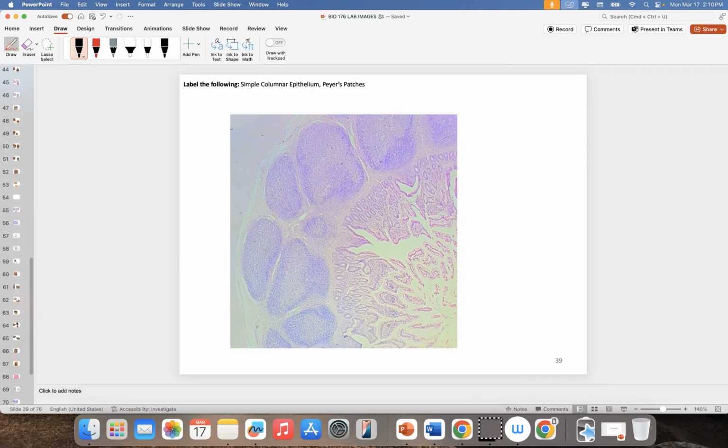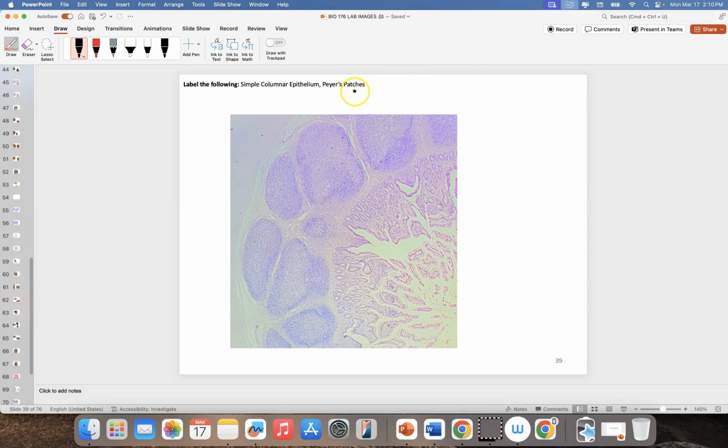This image here is an image that I took underneath the microscope of the small intestine. And we're looking at the small intestine so that we can find the Peyer's patches.